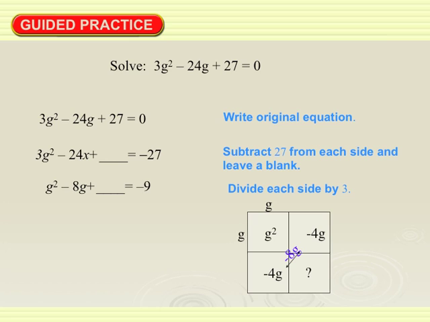And so when I factor this expression, I'd have g minus 4 across the top, g minus 4 down the side. That means that we must be replacing the question mark in this box model with negative 4 times negative 4, which is positive 16. So 16 is what needs to go in the blank there. 16 is what I'm going to need to add to both sides of the equation to make the left side a perfect square.